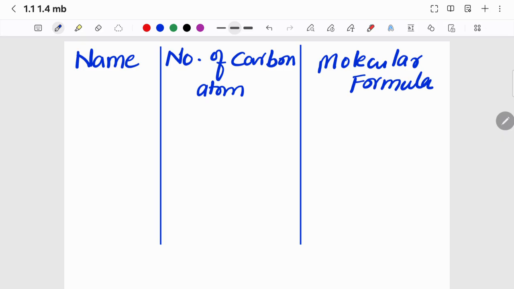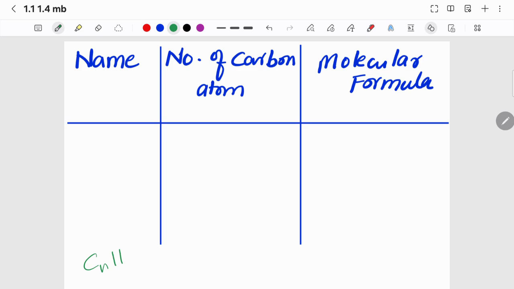Okay, how do we name alkanes? We have already discussed it in our first video of organic chemistry. So today we will focus mainly on how to make their formulas. We should remember that the general formula is CnH2n+2. This is a general formula.